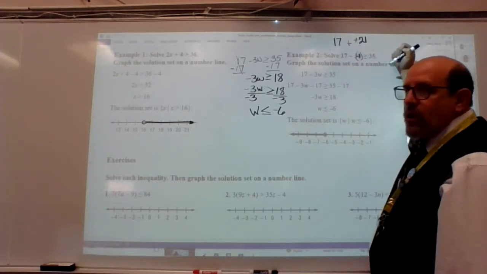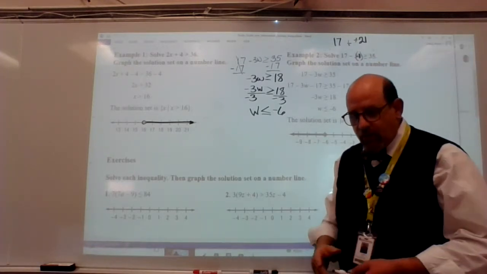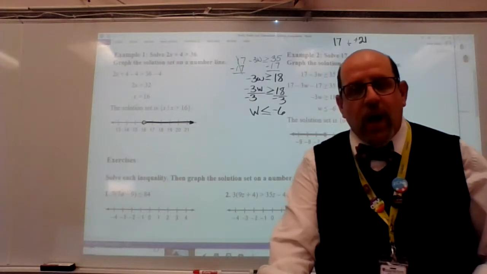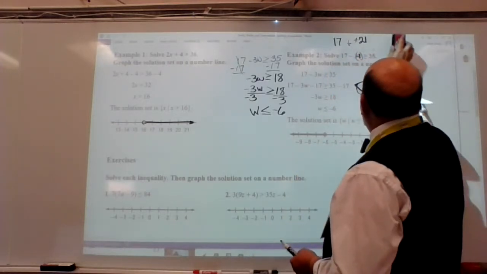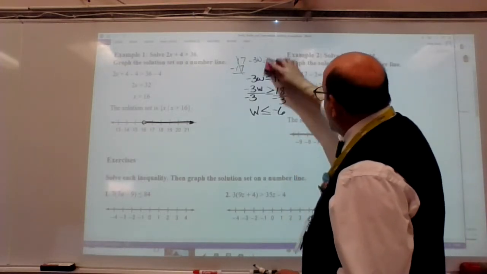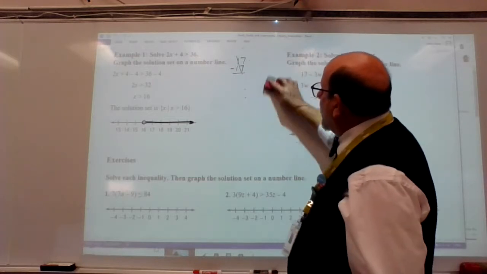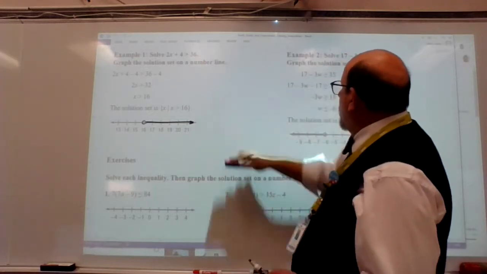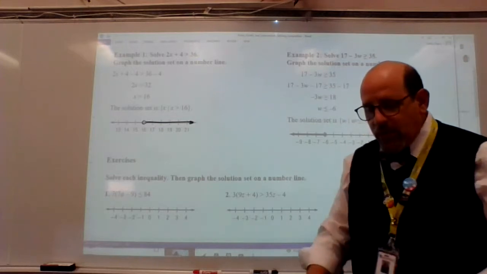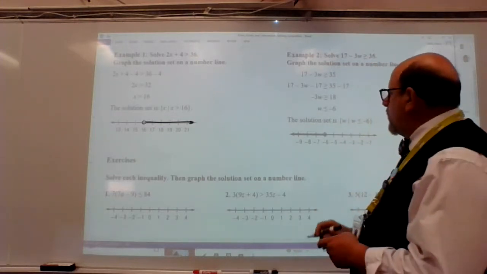Is 38 greater than 35? Yes, it is. So we know that we're on the right track if we do this. Those are the only big problems when we're working with this. We got to our solution. W is less than or equal to negative 6.